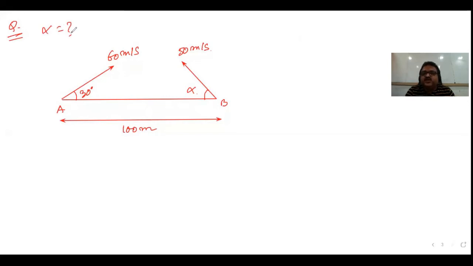If you watch my last video, I told you earlier also, key in the last video also, key in vertical motion, the value of relative acceleration is always 0. You can watch it from here. If I want to find out the acceleration of A with respect to B, that is the acceleration of A with respect to ground minus the acceleration of B with respect to ground.